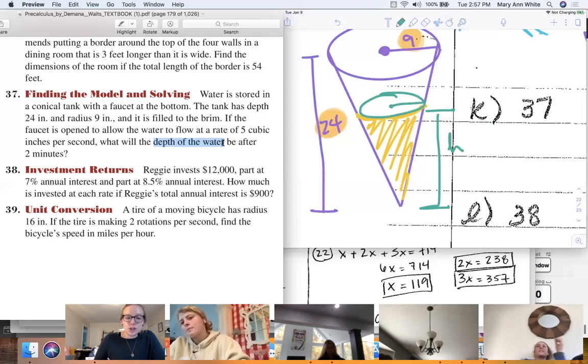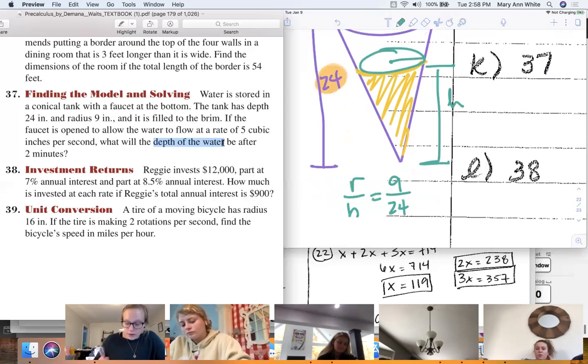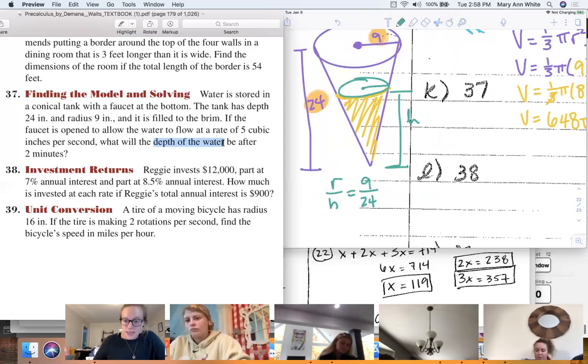However, since it's this shape, it's going to stay in like relation with each other the whole way. So I can think of it as a ratio. Whatever the radius is in relation to the height is going to be the same no matter where I'm at. So that's the same as 9 over 24. That's what my original was, and that's going to help me find my new height and my new radius.